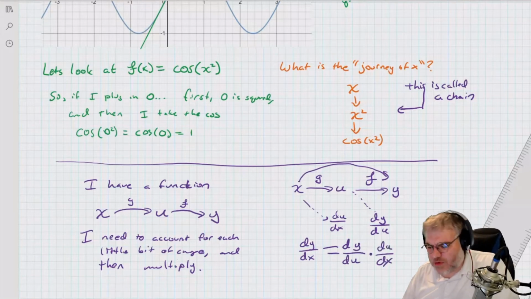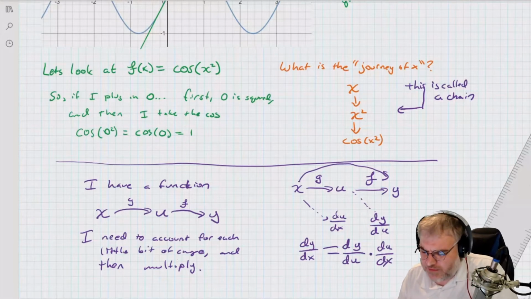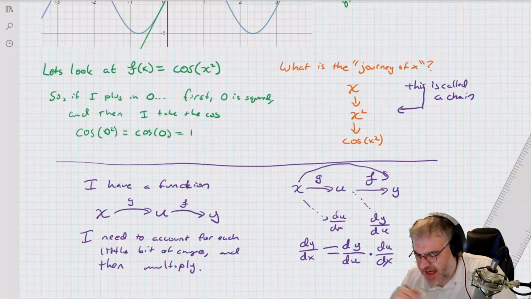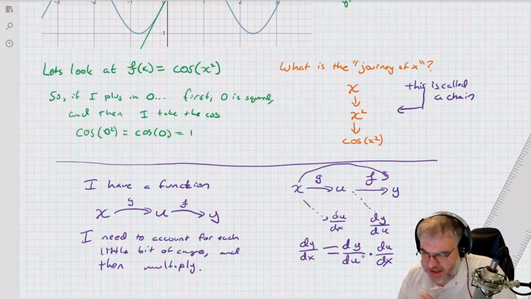And I'm writing them in that order for a reason. Remember, you read functions, so I'm going to compose functions this way. I say f composed with g, because it's f of g of x. So that's why we write them in that order.